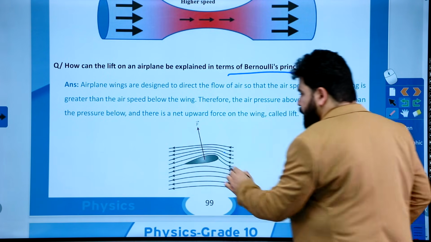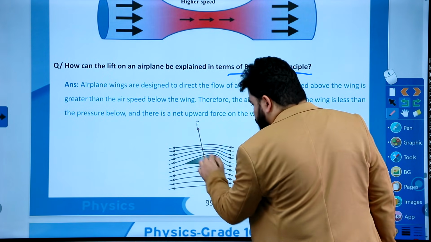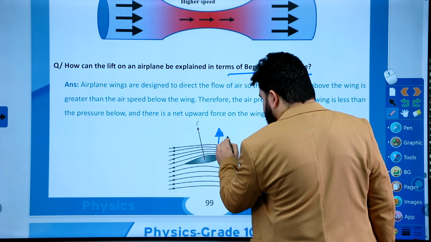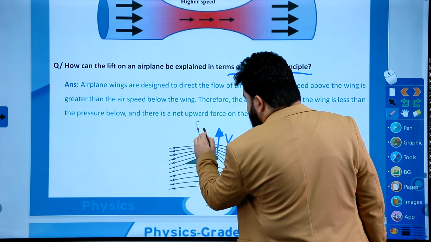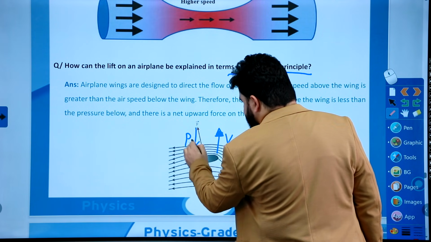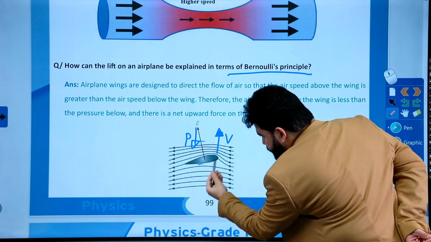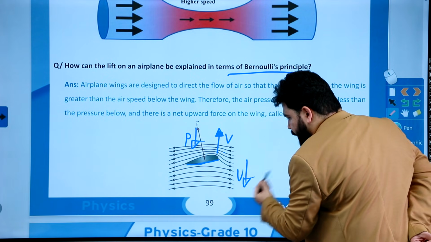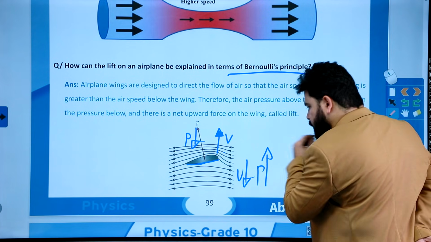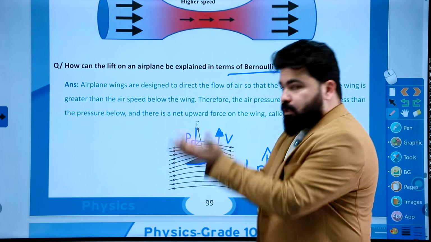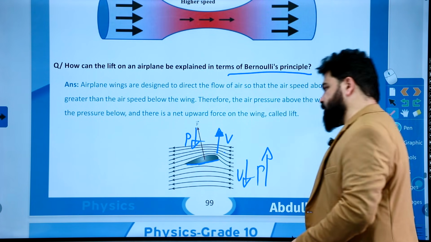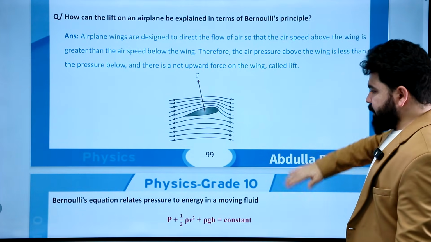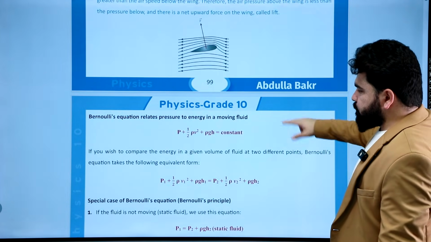Above the wing of the airplane, velocity is really, really high. If velocity is high, pressure is going to be less. But at the bottom of the wing, velocity is going to be less and pressure is going to be more. If the pressure is more, it means it's going to lift the airplane, this pressure which is beneath the wing.